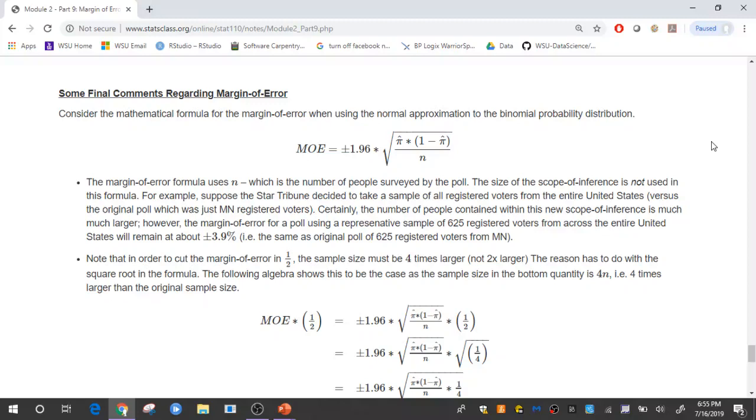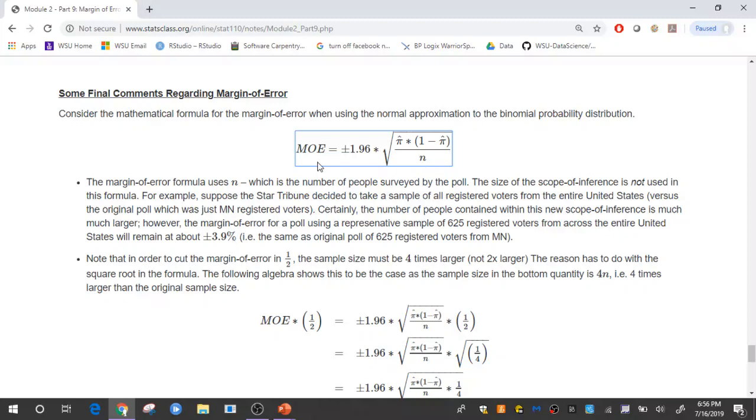Now certainly the number of people contained in this new scope of inference is much, much larger. However, the margin of error for that poll, if they were to use a representative sample of 625 people, would remain at about 3.9%, because the size of the scope of inference isn't used in this formula.